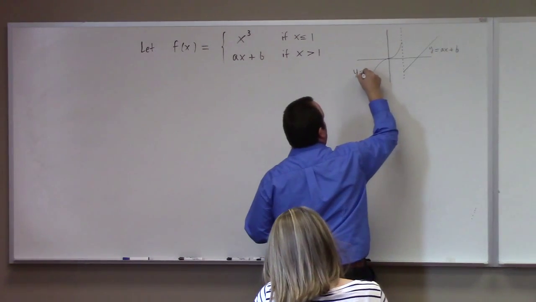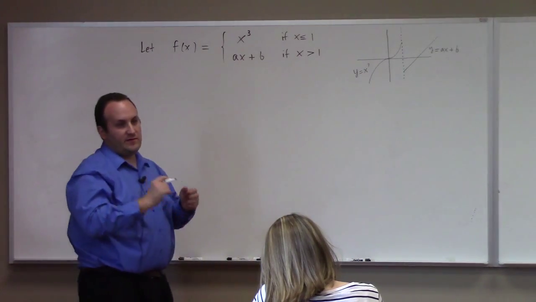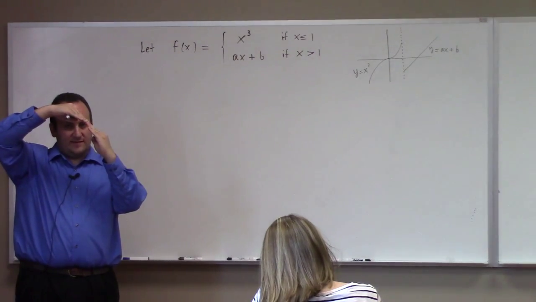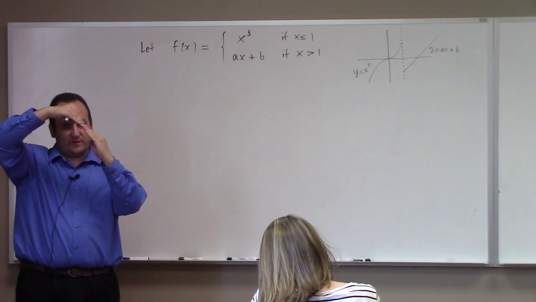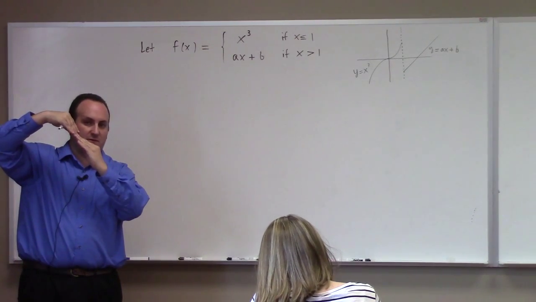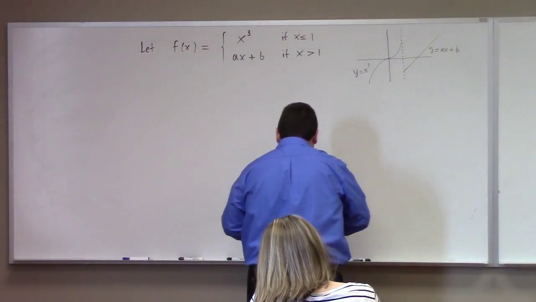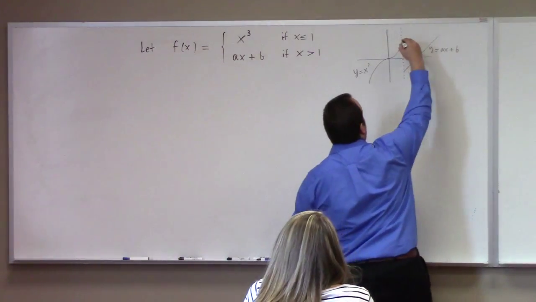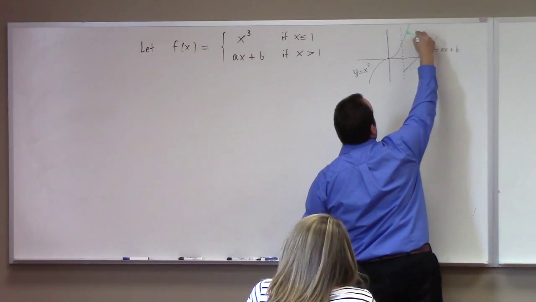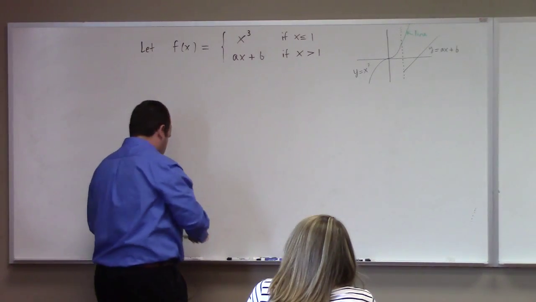What we're trying to do is choose an a and a b so that these graphs, first of all, paste together so it's continuous. And second, they paste together so that the slope of the cubic matches the slope of the line, so that it actually has a derivative at 1. So basically I want to adjust the slope and the y-intercept so that my graph looks like this. This is a line. So how do you go about this?